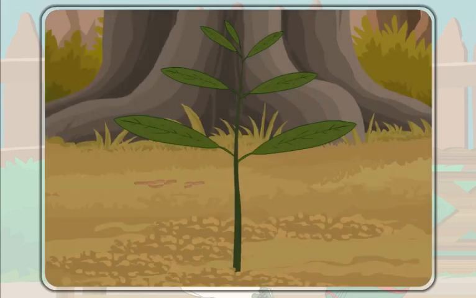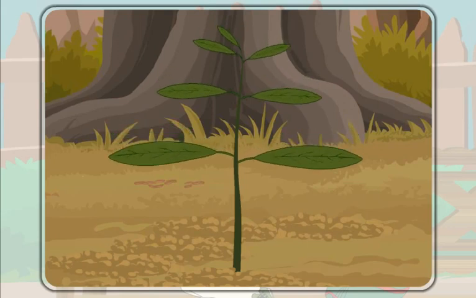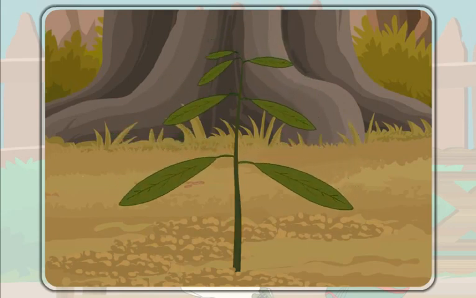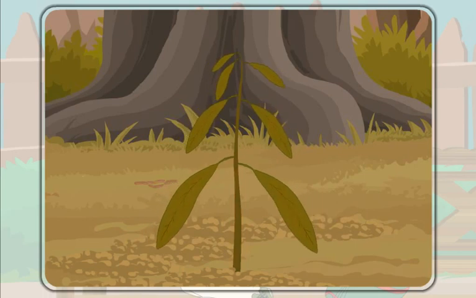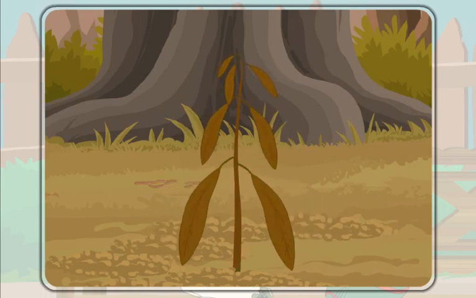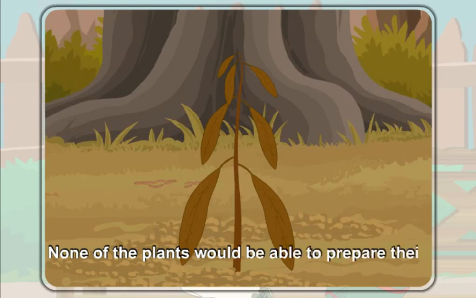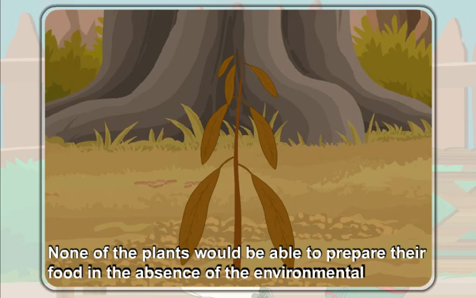A plant would not be able to prepare its food. In the absence of food, a plant would die. None of the plants would be able to prepare their food in the absence of the environmental factors like water, mineral salts, carbon dioxide, and sunlight.